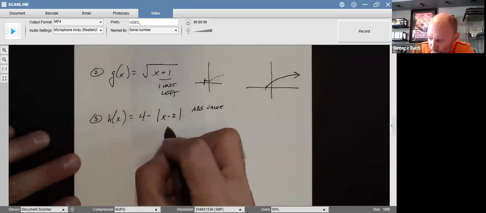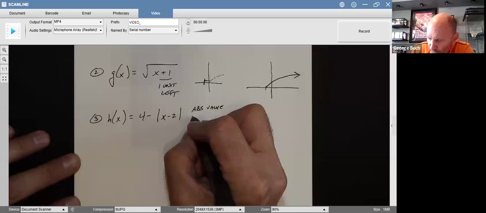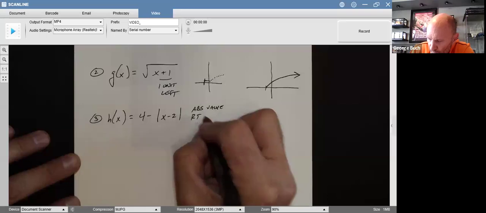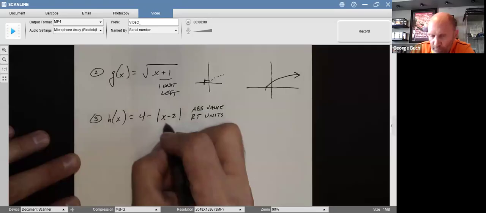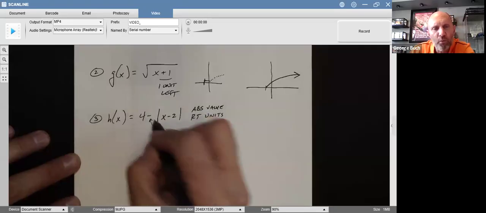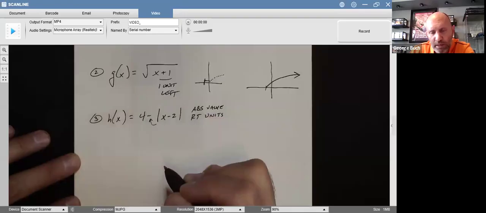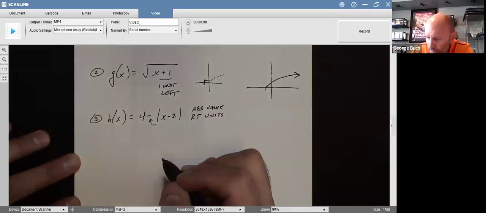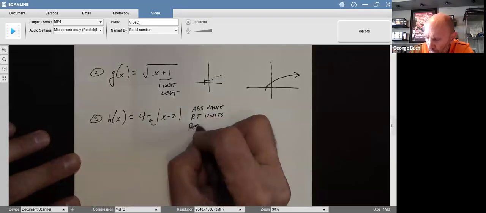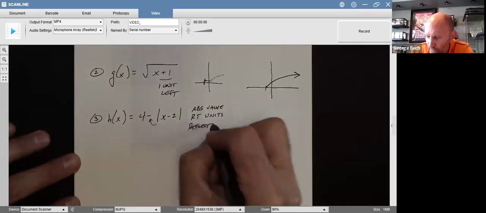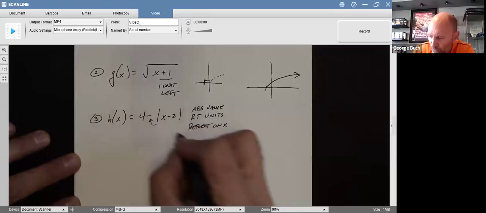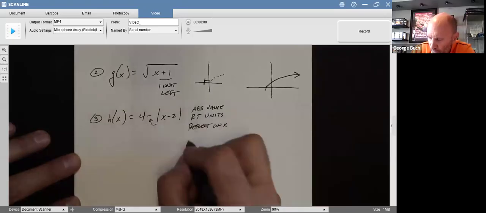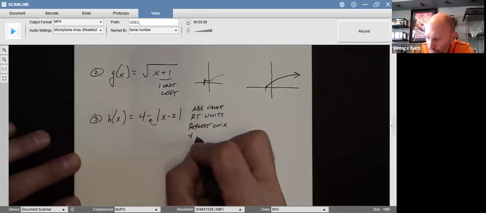It's our horizontal shift, so it's right 2 units. Then as we move out, we have this negative sign in front. What does that mean? It reflects on the x-axis. And lastly, this +4 is outside, so that's 4 units up.